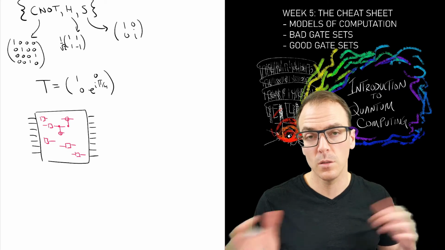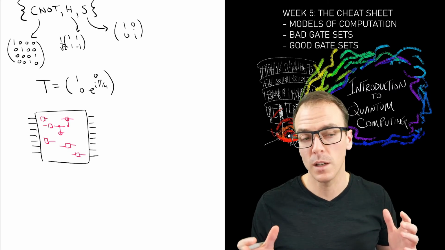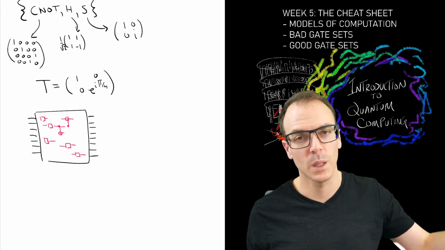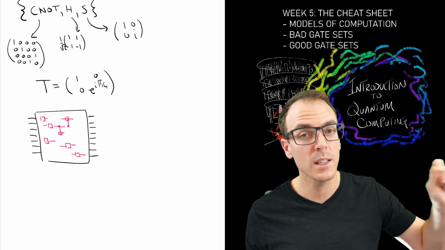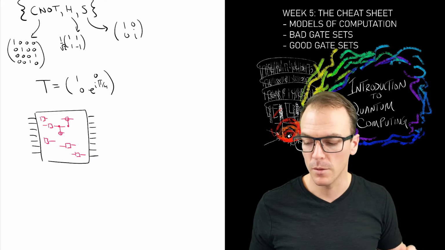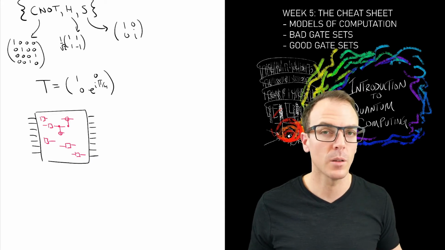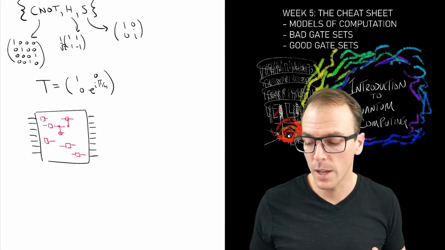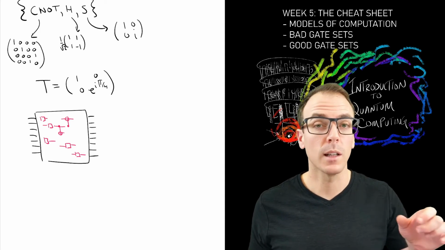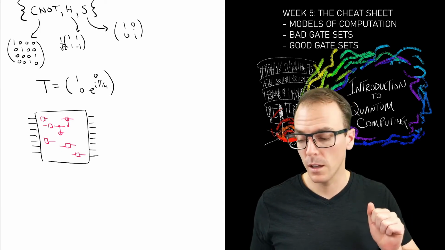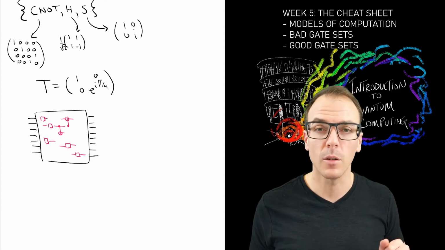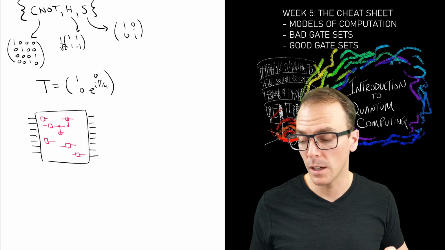Now, the space of unitaries is a continuous infinity, so clearly I can't get to any particular unitary precisely. However, the result of the Solovay-Kitaev theorem that we talked about in the very first lecture showed that you can get arbitrarily close with a gate length of your algorithm that grows only logarithmically.